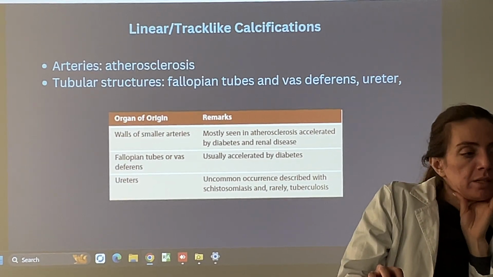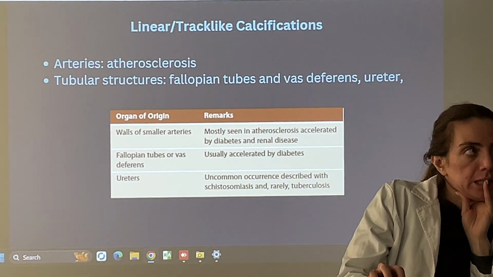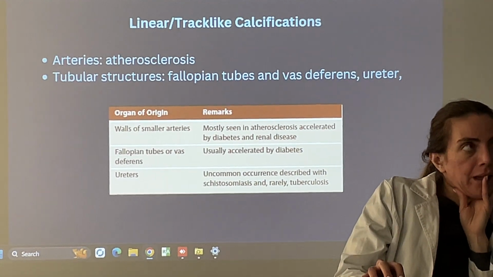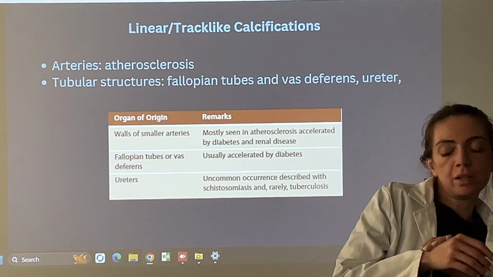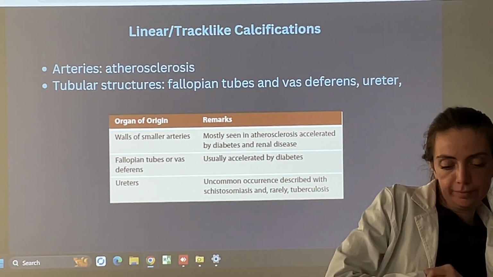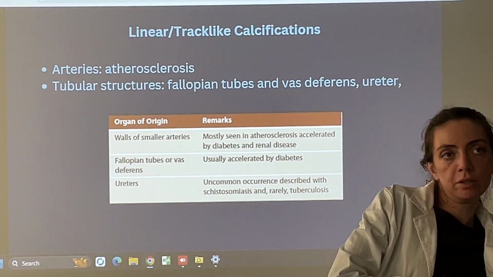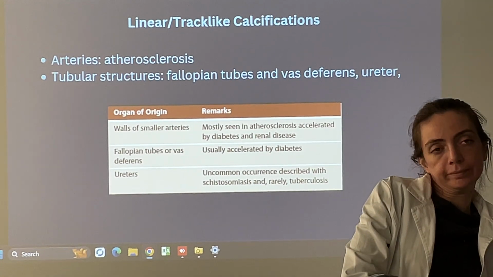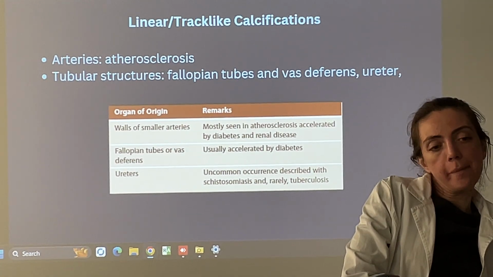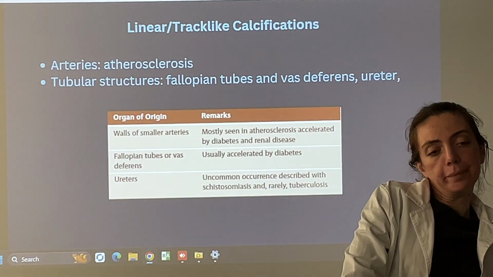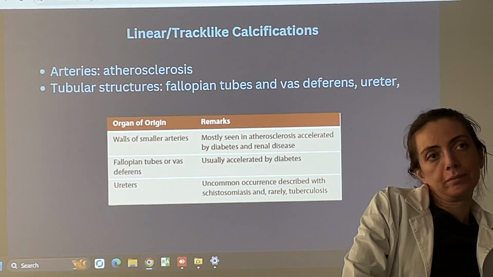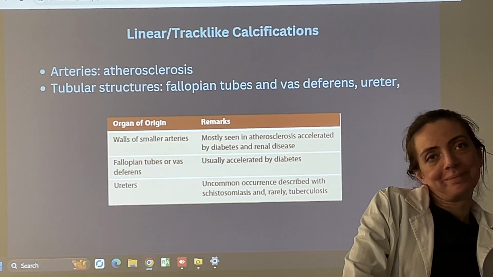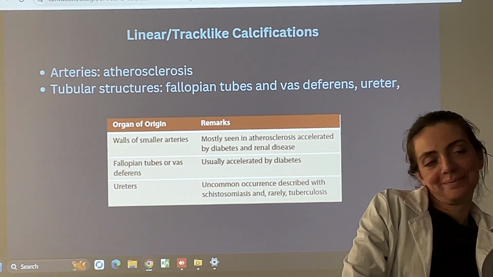Walls of veins. Can you see calcification in the veins? Calcification in the veins. Yes, we saw it in veins.